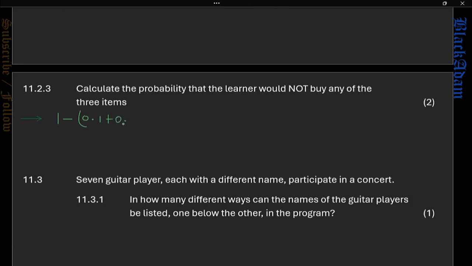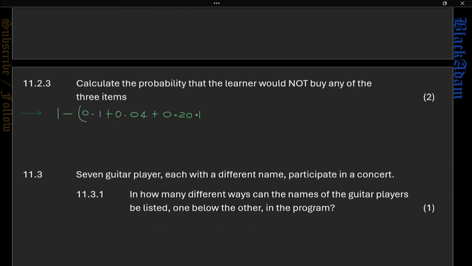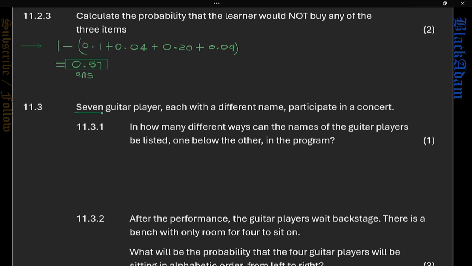So 0.01 plus 0.04 plus 0.02 plus 0.20 plus 0.09. Solve the bracket first and then subtract it from 1, which gives us 0.57. So 57% didn't buy any of those items.